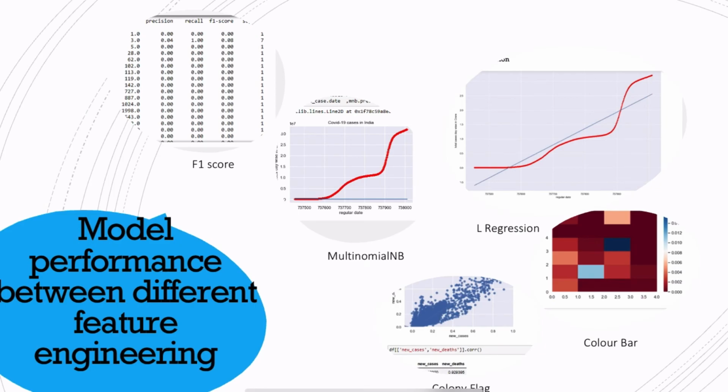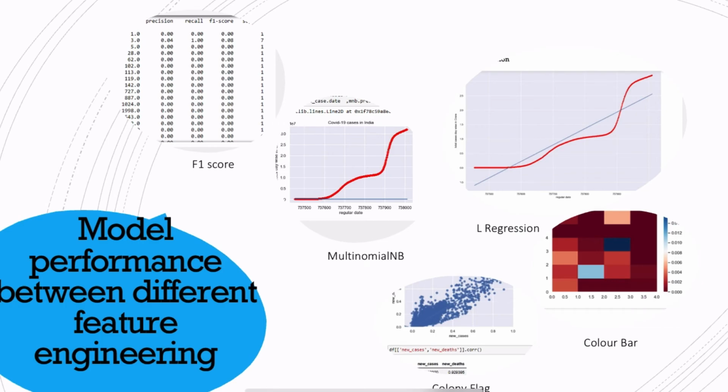So we can see the model performance between different feature engineering. After seeing the F1 score, we can say that the linear regression here fitted better than naive Bayes. Okay, as we have done with multinomial naive Bayes, linear regression can provide the best result.